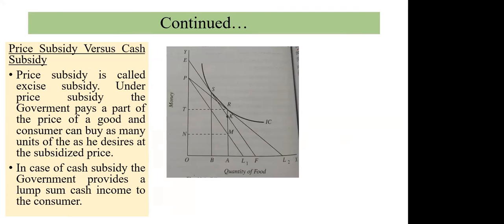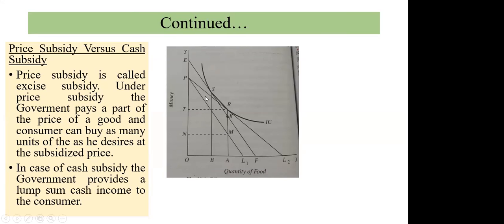Now, if no subsidy was given, then in order to purchase OA amount of food, the individual would have paid PN amount of money, because this OA amount of food and ON amount of money gives him the same satisfaction level, this combination, which we can see from this point M.